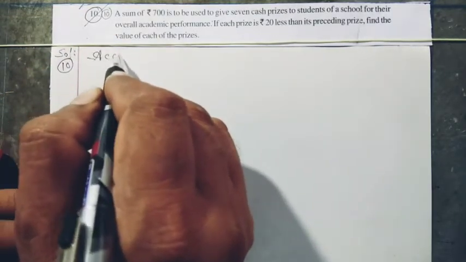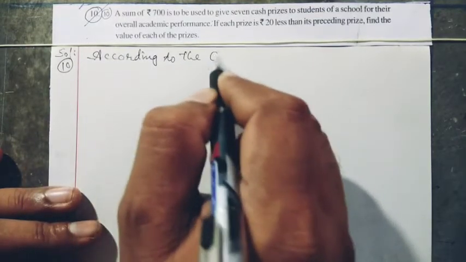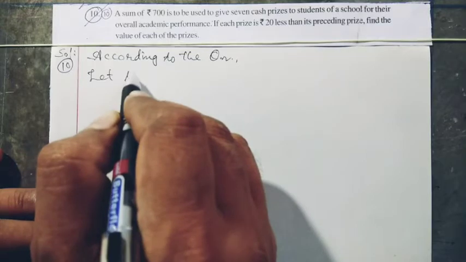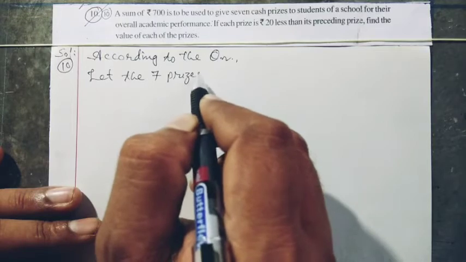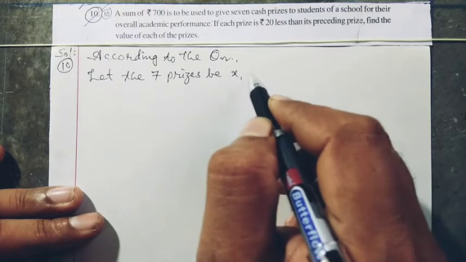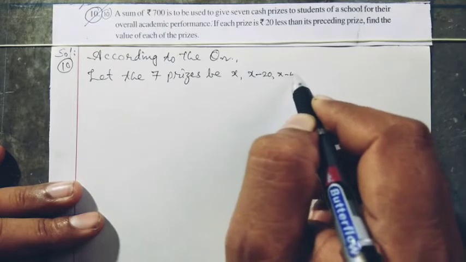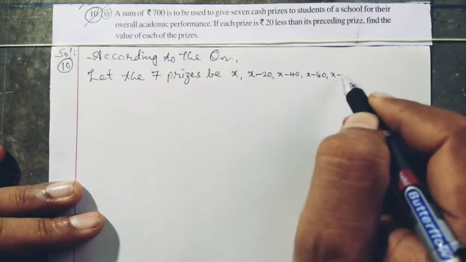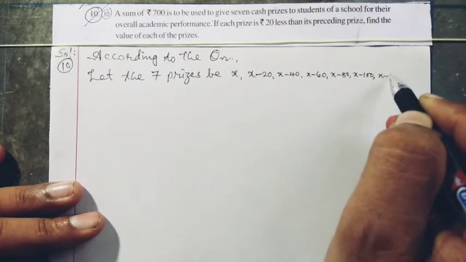According to the question, let the 7 prizes be x, x minus 20, x minus 40, x minus 60, x minus 80, x minus 100, x minus 120.